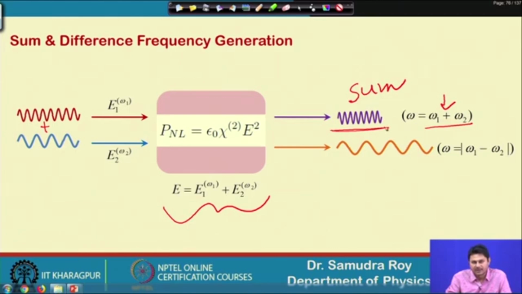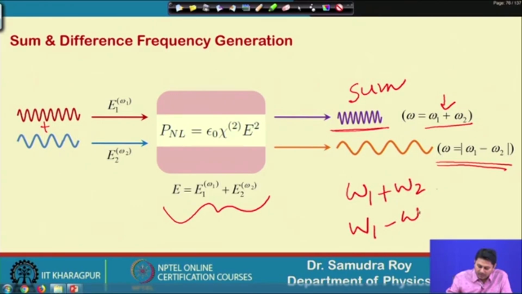The figure of this frequency is that it has more frequency, the frequency is high rather, and we also have another frequency component omega, which is the difference between two frequencies. So, in the first case we have omega 1 plus omega 2, and in the second case we have omega 1 minus omega 2. One important thing you should note is that here we put a mod sign, because we do not know which one is greater, omega 1 or omega 2. So, the difference between these two frequencies is important.